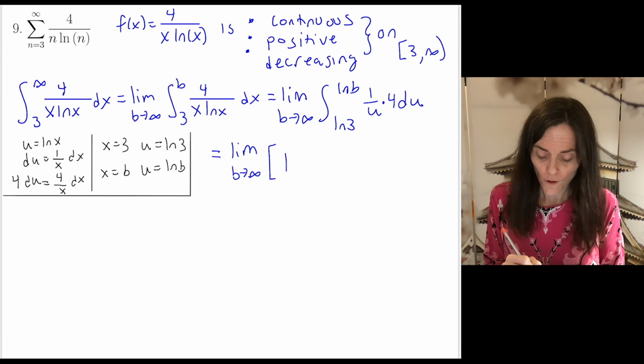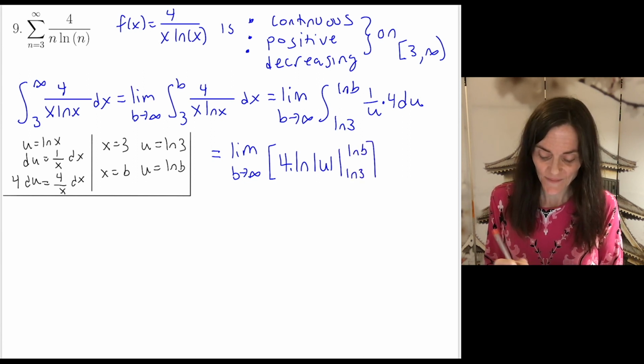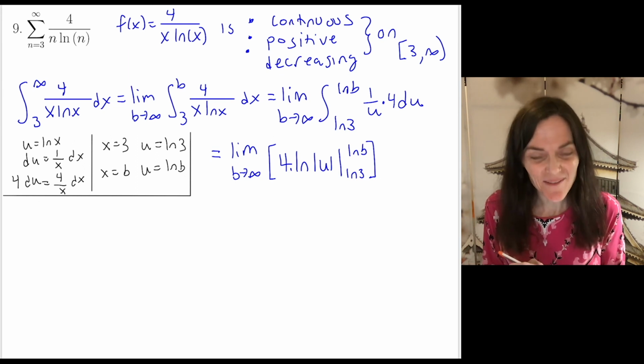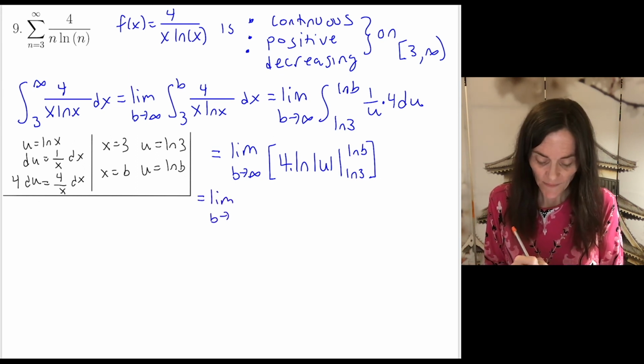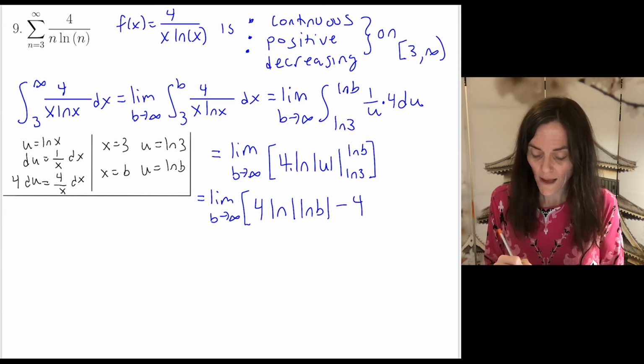I have 4 ln absolute value of u, and then I evaluate between ln 3 and ln b. Okay, I'm on my very last step before I evaluate this limit. We have 4 ln absolute value ln b minus 4 ln absolute value ln 3.